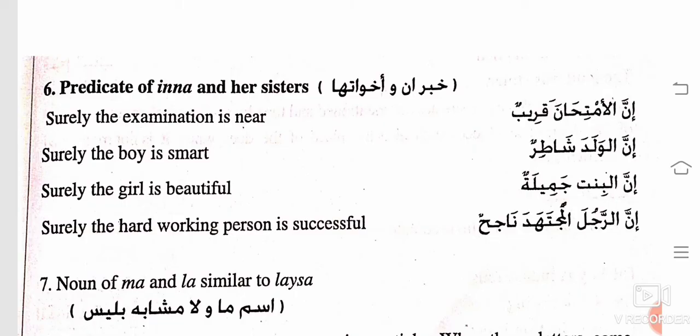Innal Imtihan Qaribun. Inna also enters a subject and predicate, which means Mubtada and Khabar, and it gives Nasb for its ism and Raf'a for its Khabar. So Innal Imtihana Qaribun. Qaribun is Raf'a because it is the Khabar of Inna.